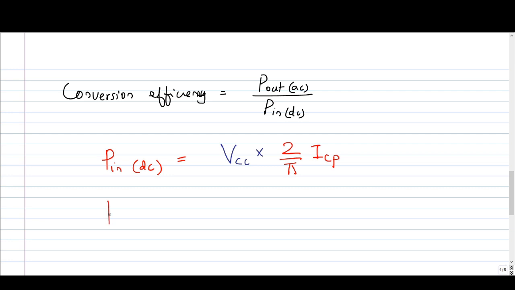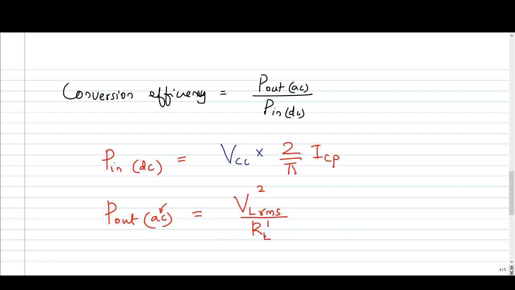Now what is the output AC power delivered to the load? That is the RMS value of voltage across the load. Since it is AC circuit, AC power, it is RMS value of voltage across the load square divided by load. Actually the load is sitting in the secondary side. We are referring everything to the primary, so it is RL dash. RL dash is the effective resistance referred to primary.